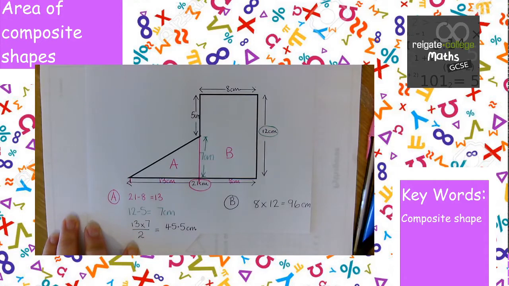All that's left for me to do now is to add the area of shape A and the area of shape B. So I'm going to add 45.5 to 96, which gives me a total composite shape area of 141.5 centimetres, and area is squared.